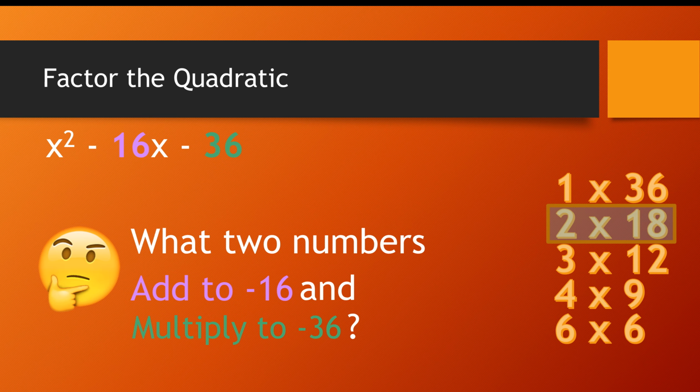So now we have to decide, is it positive 2 and negative 18 or negative 2 and positive 18? And since they add to negative 16, the 18 must be the one that's negative, because negative 18 plus 2 is how we get negative 16. If it were positive 18 plus negative 2, it would be positive 16. So when we factor this quadratic, we get x minus 18 times x plus 2.